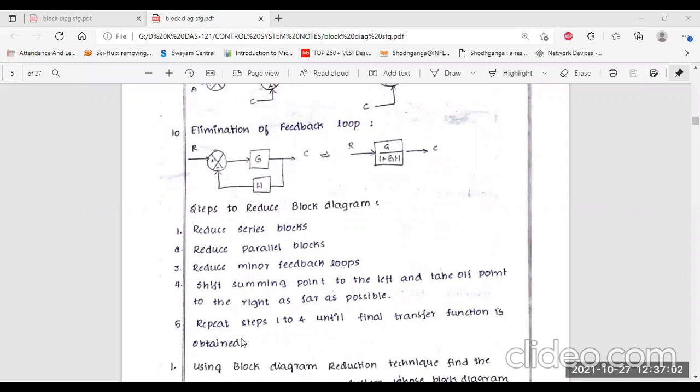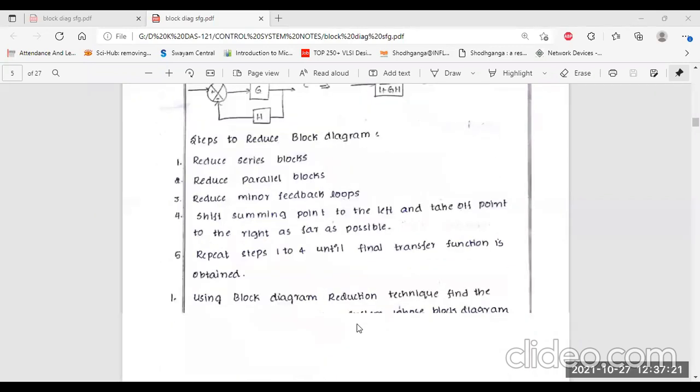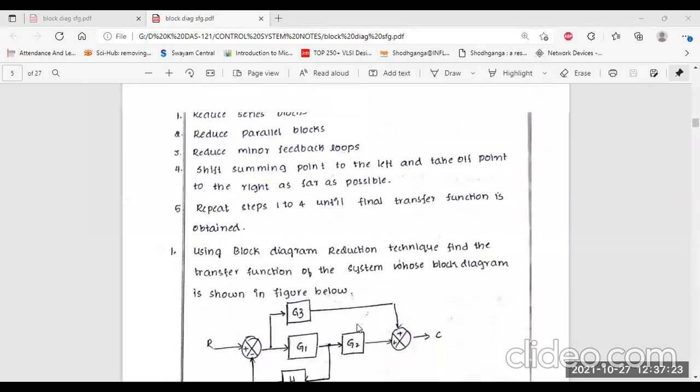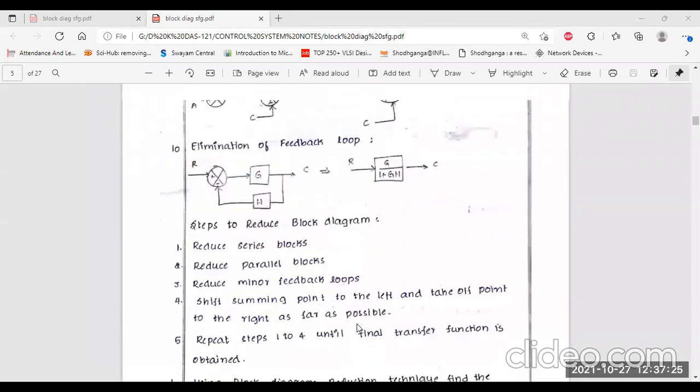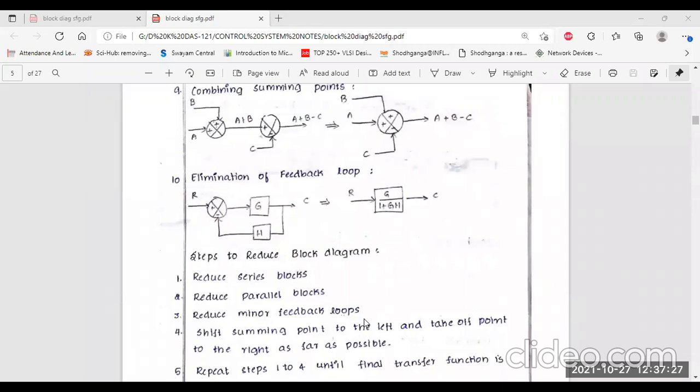When you receive the final transfer function from the given format, at that time you have to stop this process. But until then the process continues, until you obtain the final transfer function. Okay, so these are basically the rules, the process. So please see this carefully.